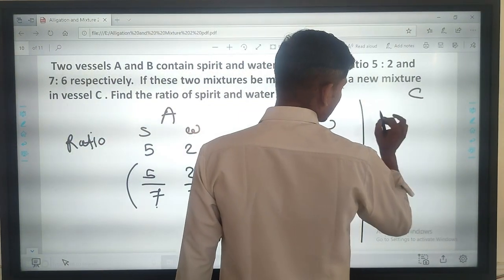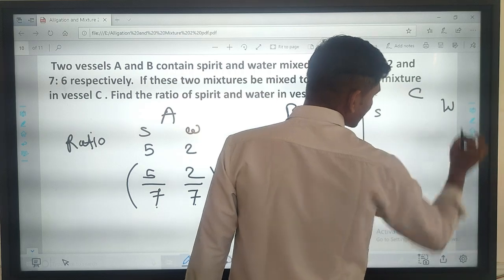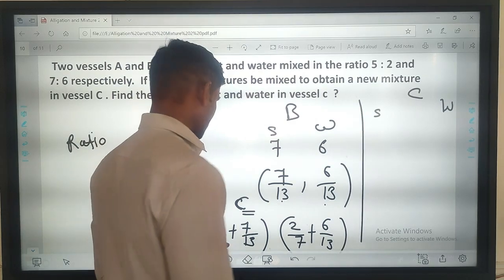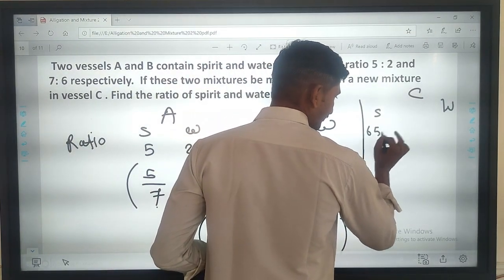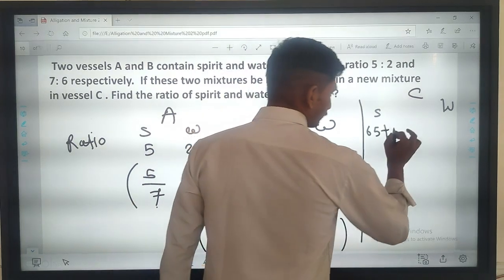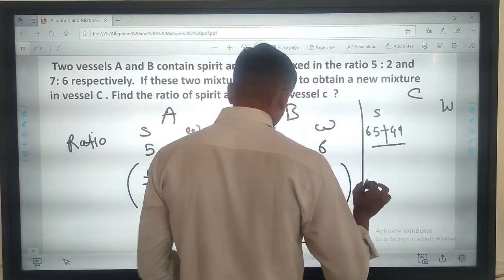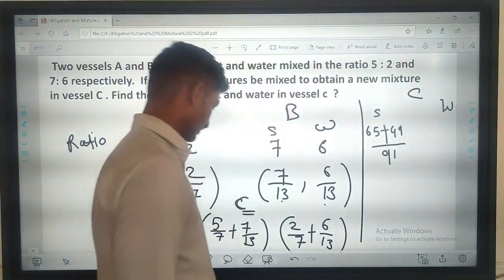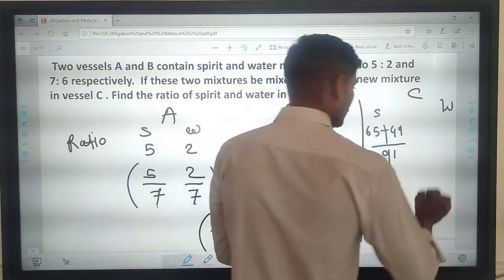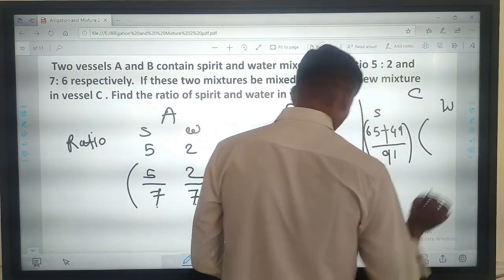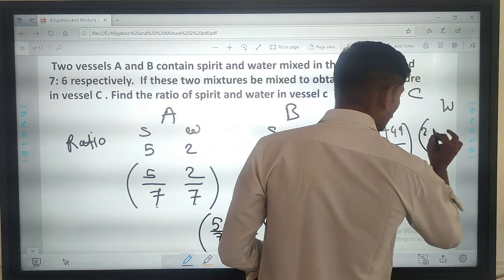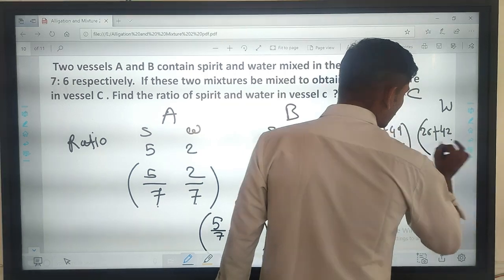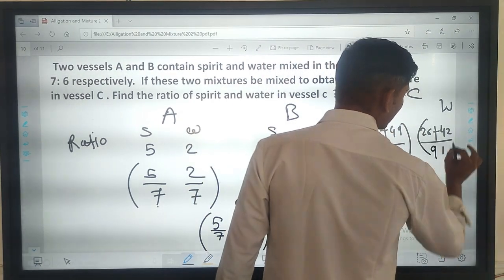Now vessel C contains spirit and water. Now if we add, spirit is 65 plus 49 divided by 91, and water is 26 plus 42 divided by 91.